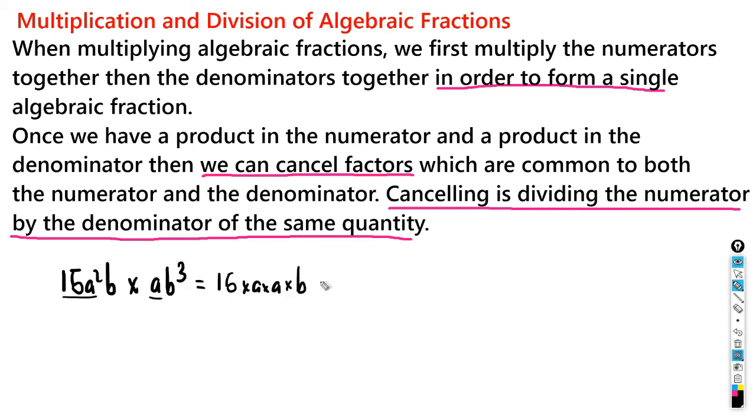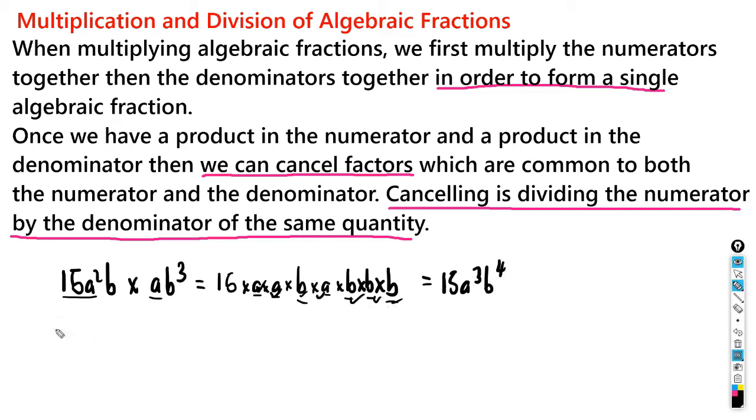Then we have another a here, so it's multiplied by a again, then multiplied by b, multiplied by b, multiplied by b. So we'll have 1, 2, 3 a's and 1, 2, 3, 4 b's. So this is actually going to end up being 15a cubed, which is these three, and b to the fourth, right, which is these 4 b's.